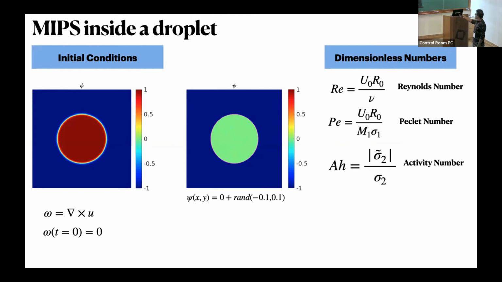Then the Peclet number, which is the ratio of the advection of the phi field or psi field to your diffusion, mobility and viscosity. And we define something called the activity number, the ratio involving sigma tilde 2. We are interested in negative sigma tilde 2, which is for contractile swimmers.